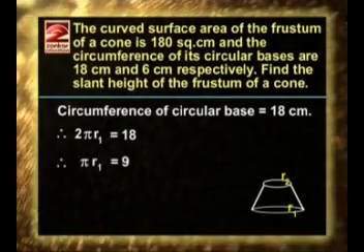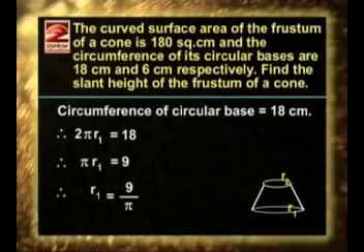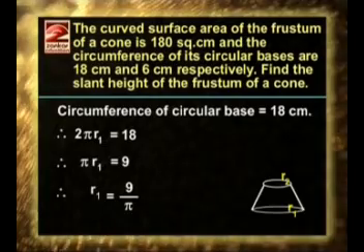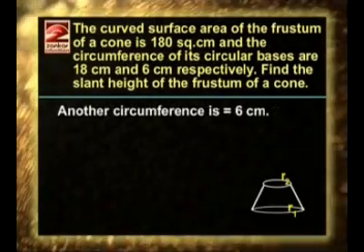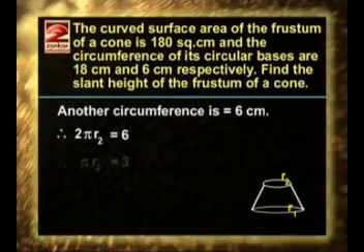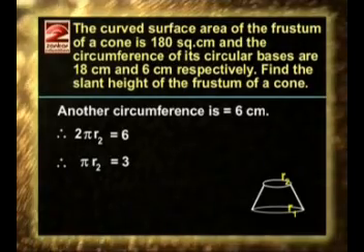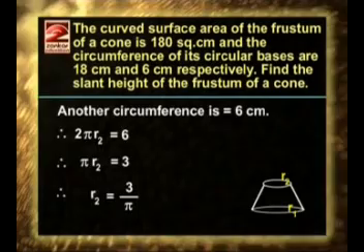Therefore, pi r1 is equal to 9. Therefore, r1 is equal to 9 upon pi. Now, the other circumference is 6 centimeter. Therefore, 2 pi r2 is equal to 6. Therefore, pi r2 is equal to 3. Therefore, r2 is equal to 3 upon pi.